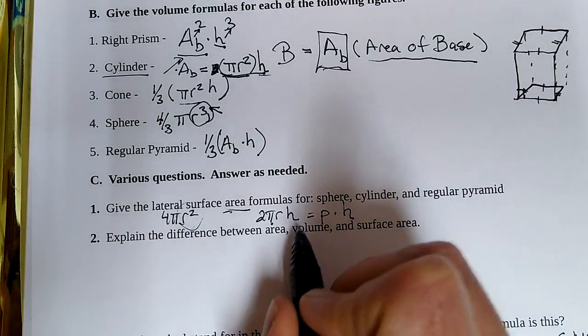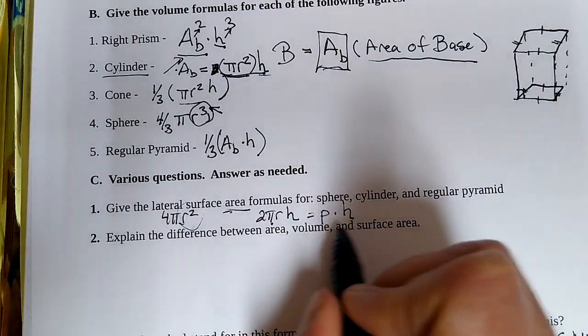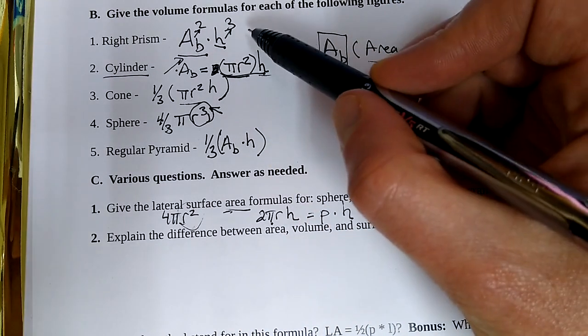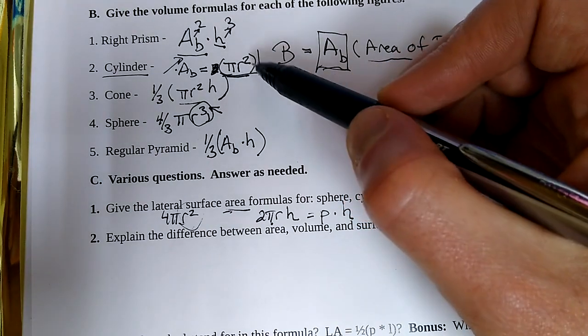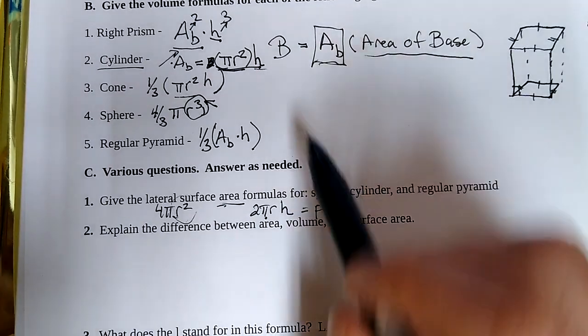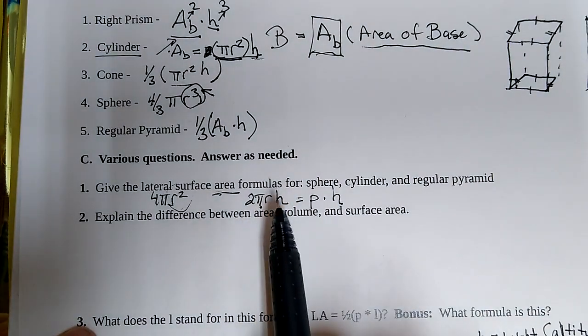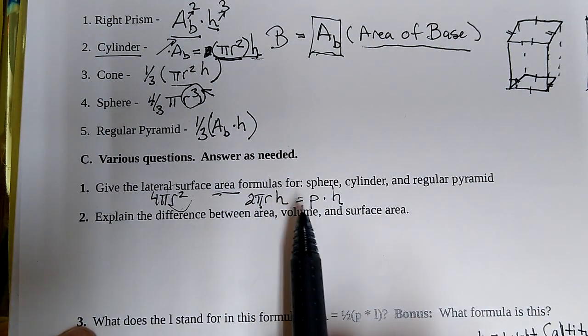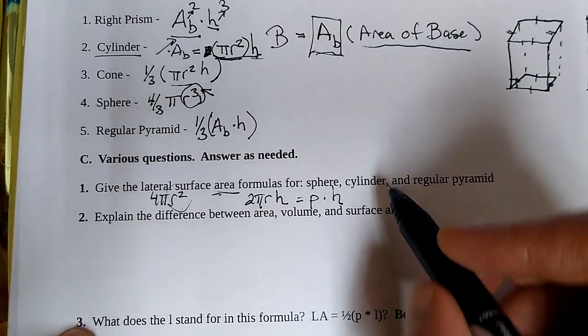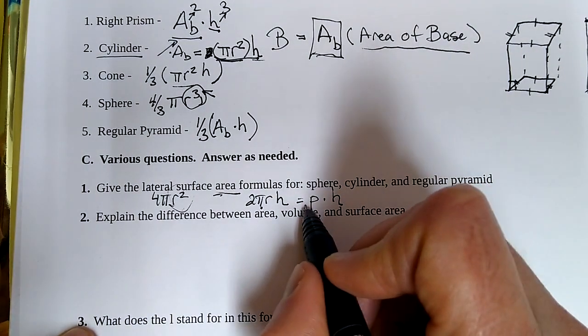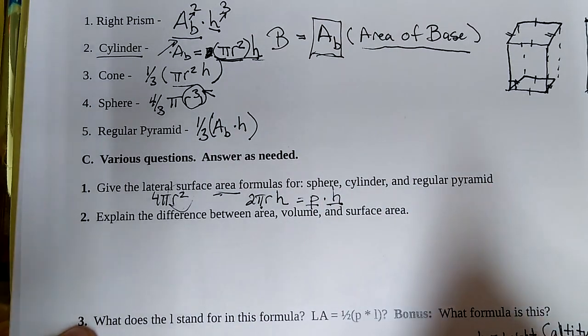And regular pyramids, just like the cylinders here, you're going to see a correspondence, just like up here between the volume formula for a right prism and the volume formula for a cylinder. You're going to see a correspondence between the surface area formula for a regular prism and the surface area formula for a cylinder. The cylinder's is really its perimeter times height. Well, guess what?